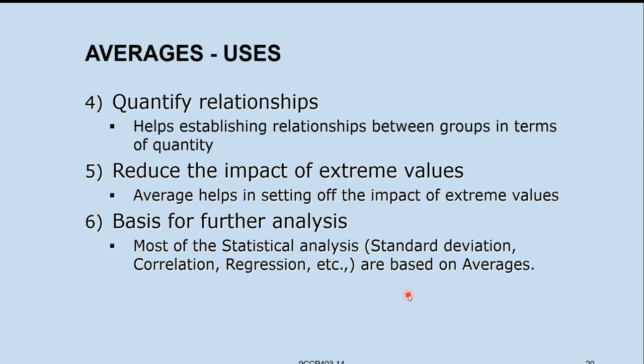So the increase in the value is due to the higher values of the data. So it will definitely have an impact over the average, but it has reduced impact because 660 divided by 9 is around 73, but the last number is 200. So the impact we can see.